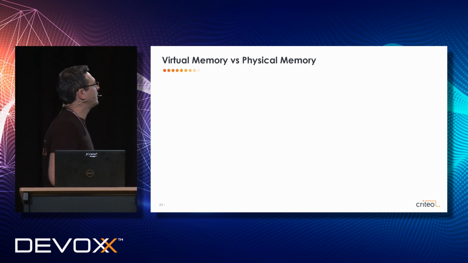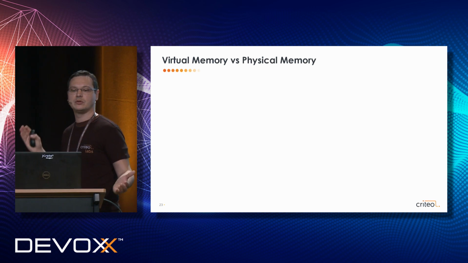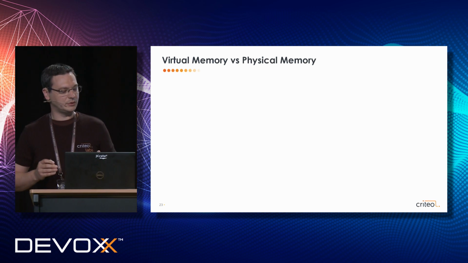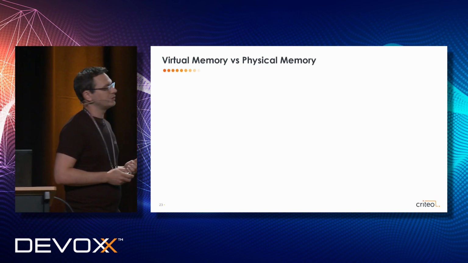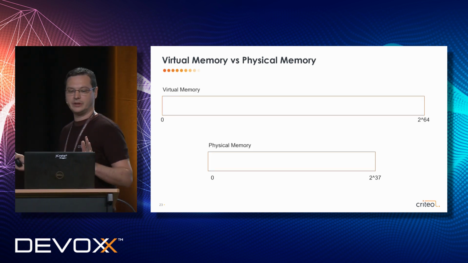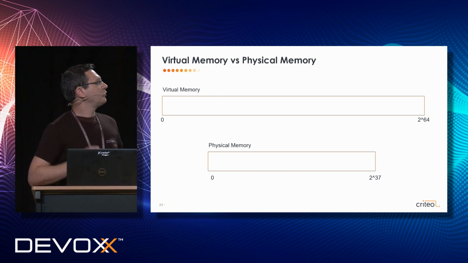I will just have a quick recap on the difference between virtual memory and physical memory, because we will see there is a trick with this in this algorithm. So virtual memory is 2 to the power 64-bit addressing, so it's very, very large.